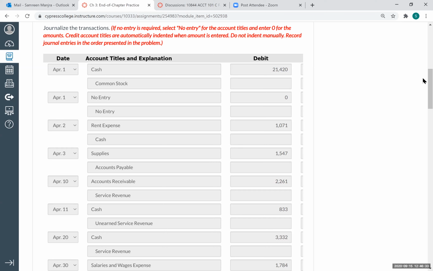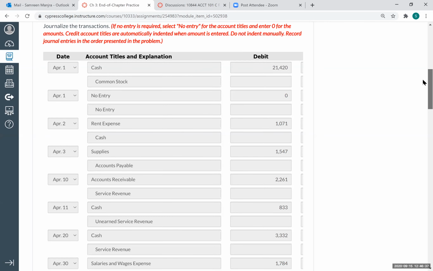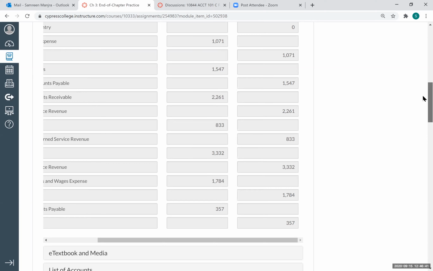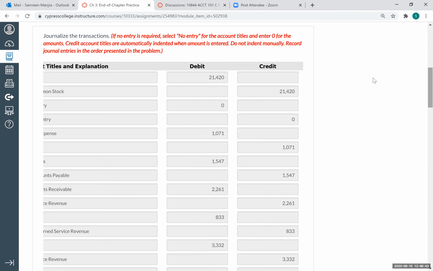We would also include the amount that is being debited and the amount that is being credited. So we will include in those amounts. You'll notice that if an amount does not impact a credit, you would leave that area blank. And if it does not impact a debit, you would leave that area blank.